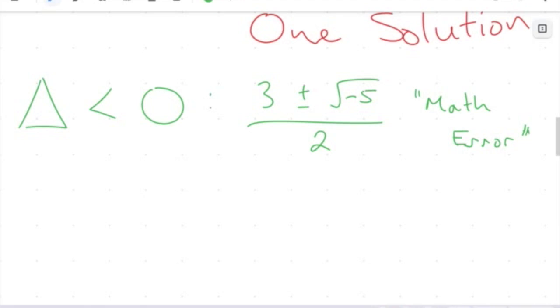How do I simplify this? Can I get two real numbers that multiply by each other to get -5?